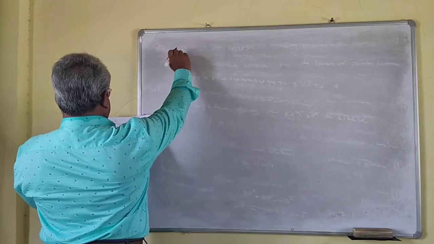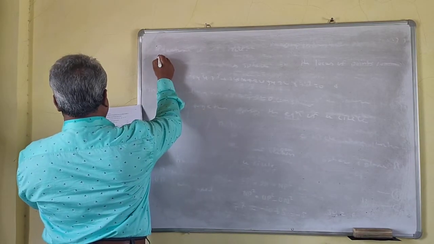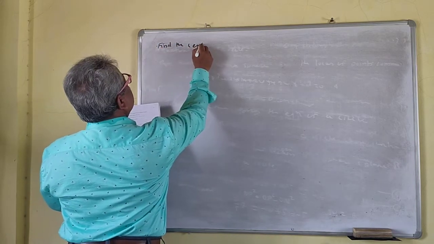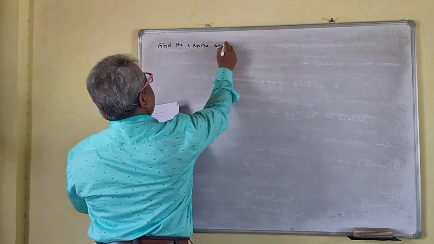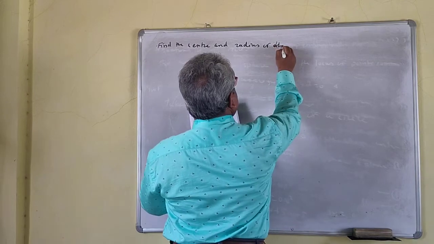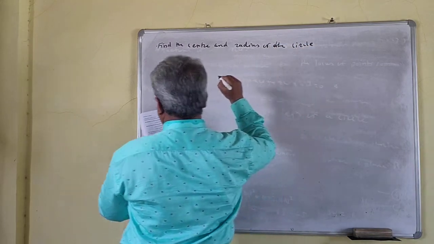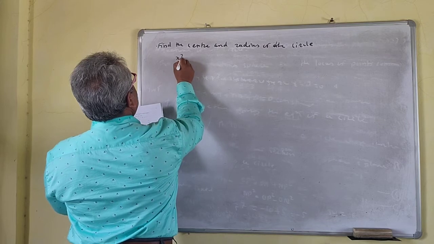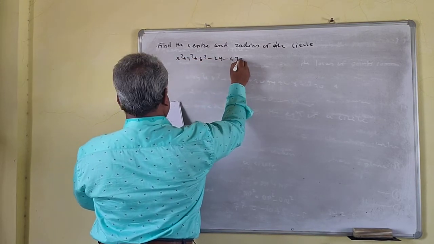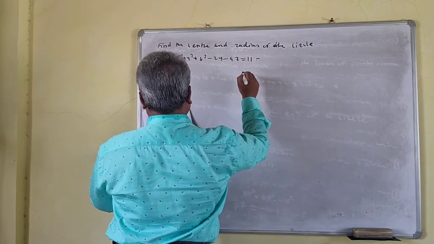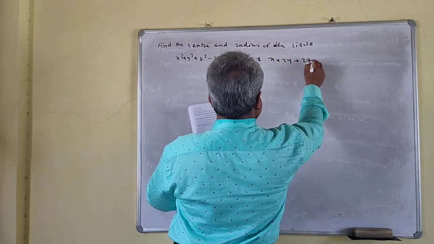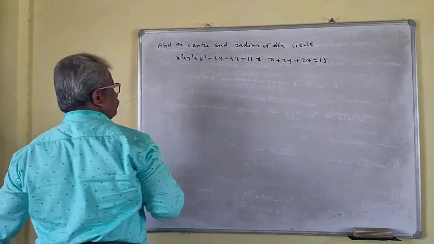Find the center and radius of the circle x square plus y square plus z square minus twice y minus 4z is equal to 11, and x plus twice y plus twice z is equal to 15. This is a very important problem.